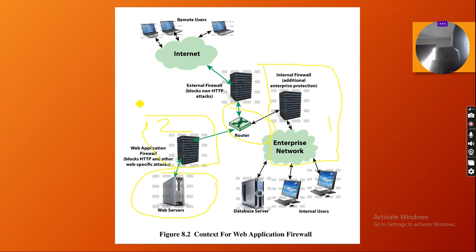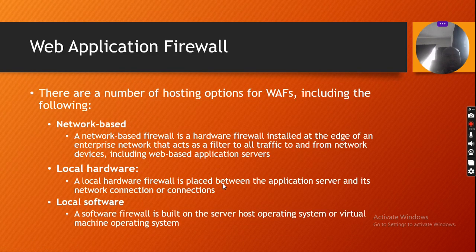This firewall is placed to protect the web server and the network itself, which you can see through the use of the router. Then the third one is the local software, where the firewall is built on the server host operating system, or a virtual machine operating system. This is the software.